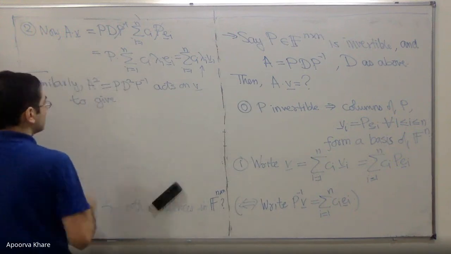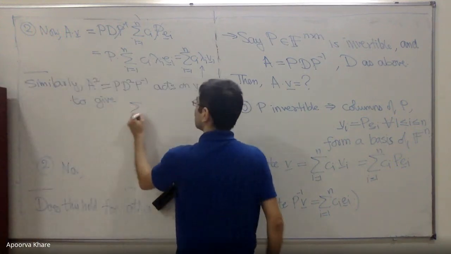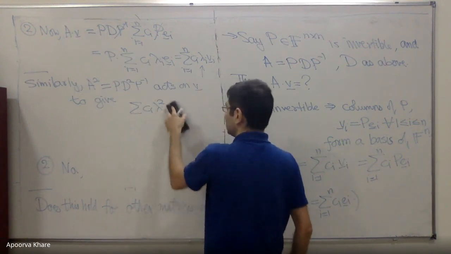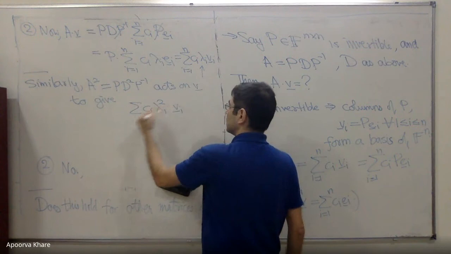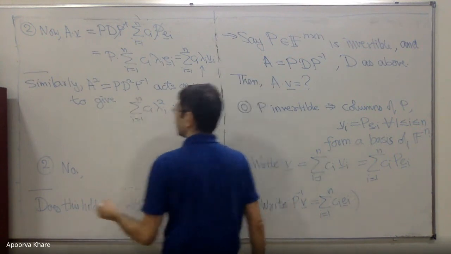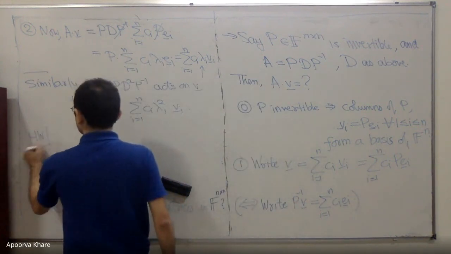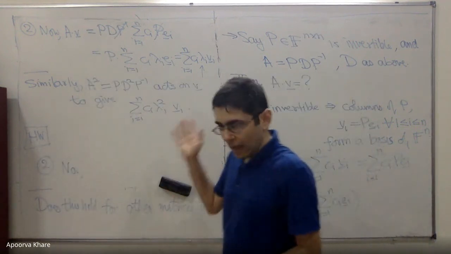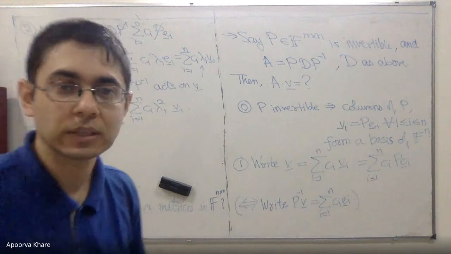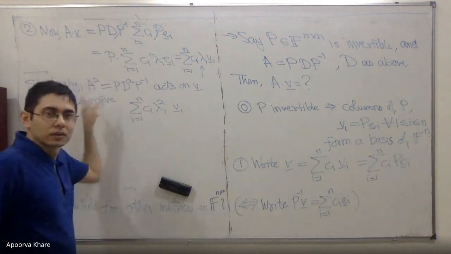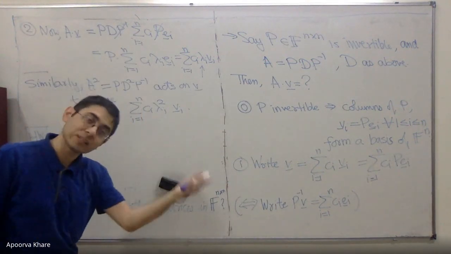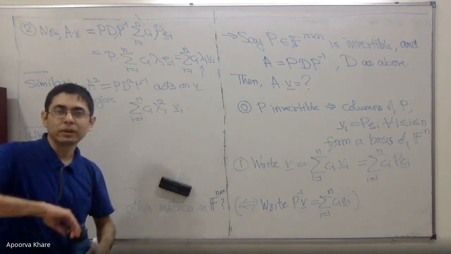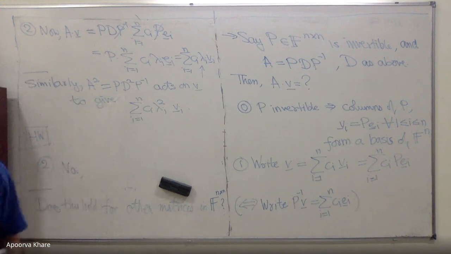And you would just get the summation of Ci lambda i squared Vi, because you put back the P. And now here is therefore a homework problem. Given any polynomial in one variable, I can write down the polynomial of that matrix. Like this is x squared. I can do x cubed. I can do x cubed plus x squared. So I can take any polynomial in my matrix A and apply it this way. And that is your homework.